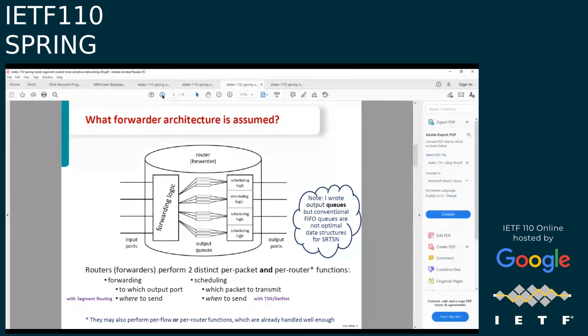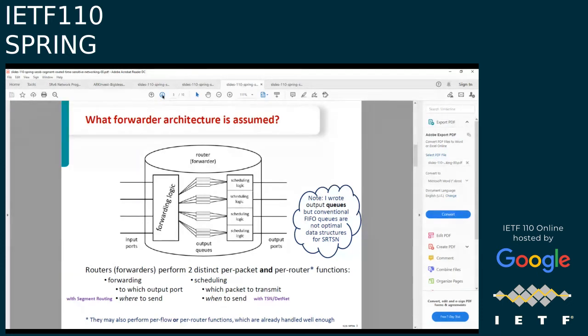And I have the scheduling logic, the scheduler. The scheduler decides, in a simple case, which queue to serve, using strict priority or WFQ or something of that sort. Or in the DetNet way, it does some kind of computation of when a packet has to exit the router, and tries to make sure that the packet indeed is forwarded in time.